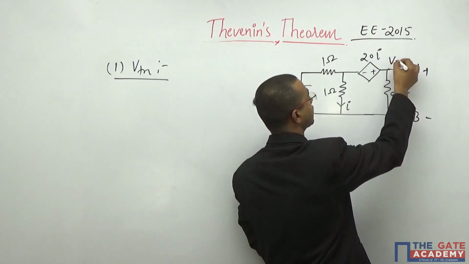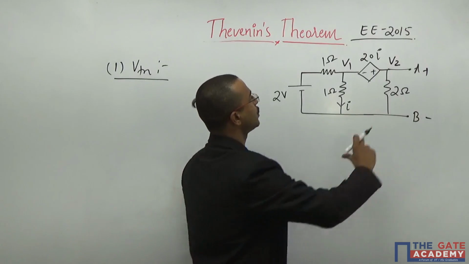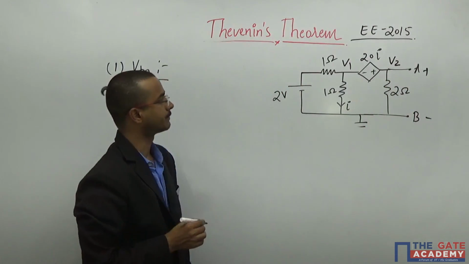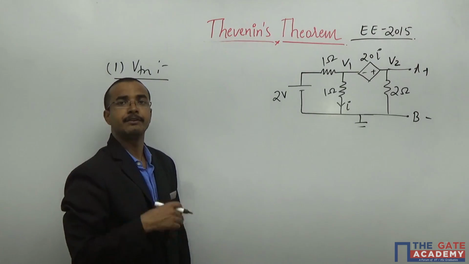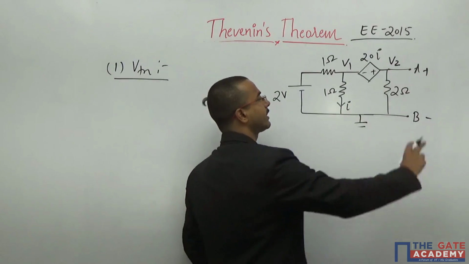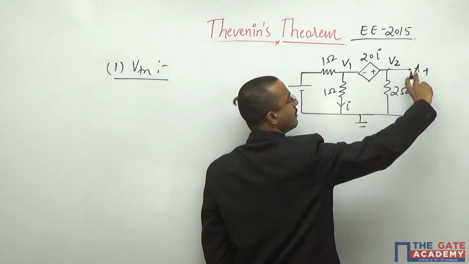Here I am assuming the voltage is V2 and here the voltage is V1, and V2 is my VTH, and I am assuming that here it is grounded. You have to use any method of analysis and calculate what is the value of V2 across this, because this is only my voltage here.